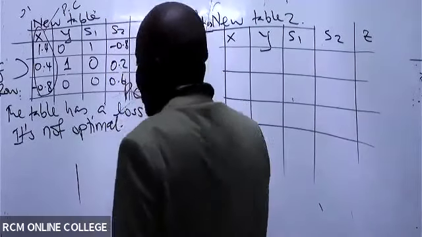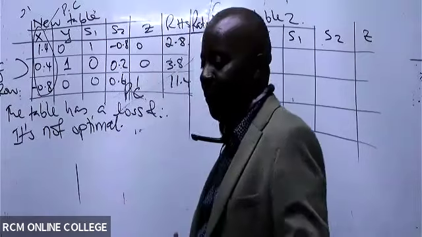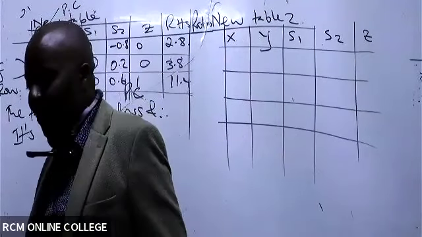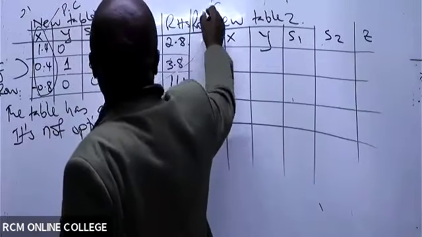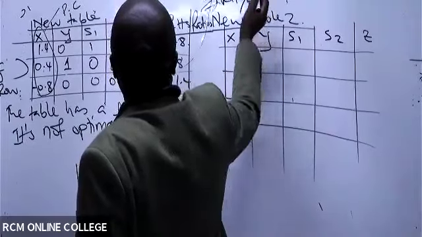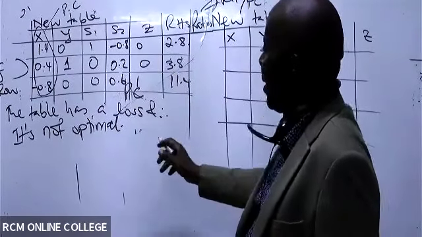Is there anybody who knows the formula of getting the ratios? Delamere has told me to take the right-hand side divided by the pivot column. Let me write down here.